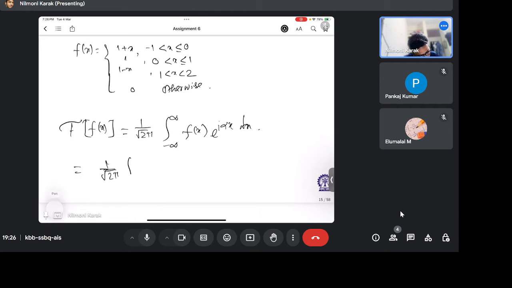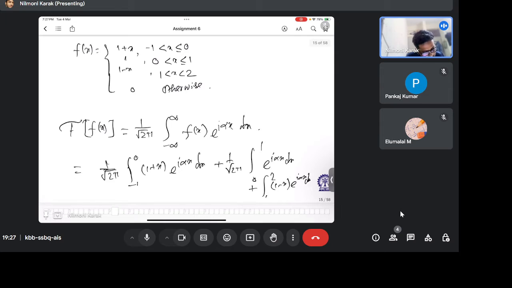So minus 1 to 0 is 1 plus x times e to the power i alpha x dx, plus 1 by root 2 pi integration 0 to 1 of e to the power i alpha x dx, and plus 1 to 2 of 1 minus x times e to the power i alpha x dx.